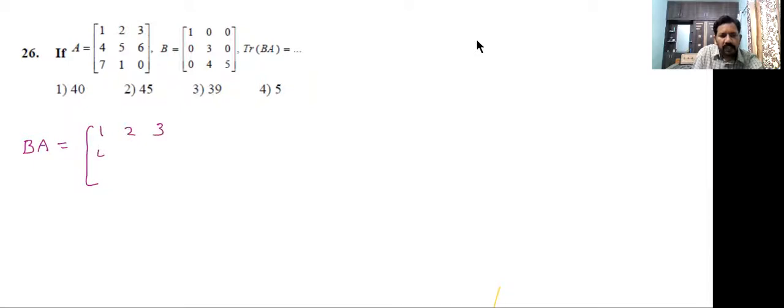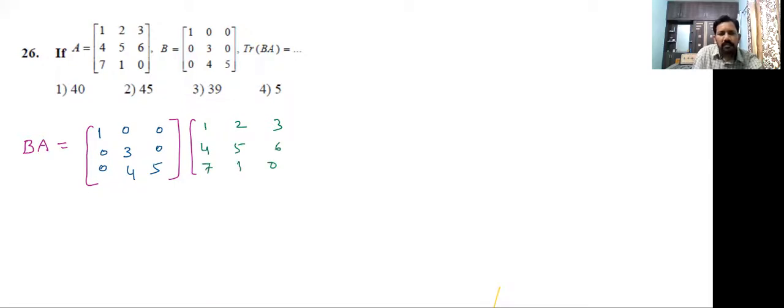A matrix is 1 2 3, 4 5 6, 7 1 0. This is the B matrix. Sorry, I made a written mistake here. B matrix is what? That is 1 0 0, 0 3 0, 0 4 5. This is the B matrix. But the A matrix is 1 2 3, 4 5 6, 7 1 0.